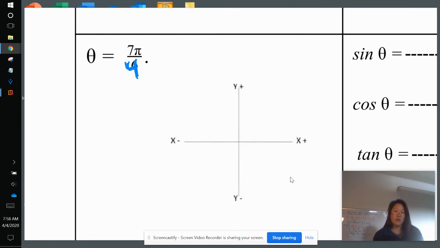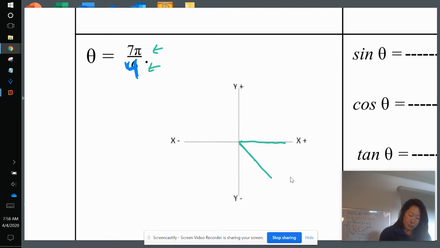7 pi over 4. I'm doubling the denominator 4, which gives me 8, and subtracting 1, which gives me 7. So this is in the fourth quadrant. So I'm going to draw my 45 right here. So 1, 2, 3, 4, 5, 6, 7 45s make 7 pi over 4.